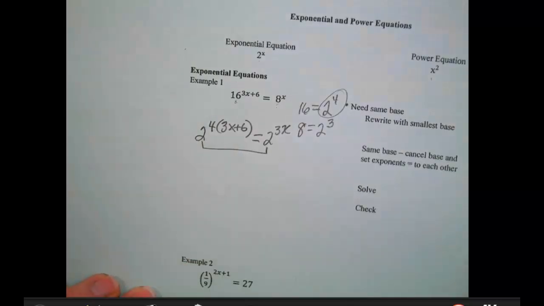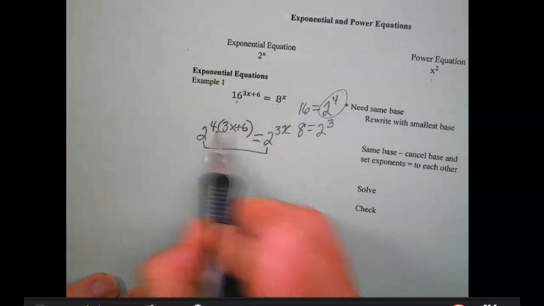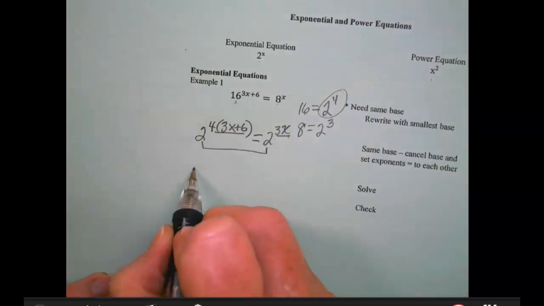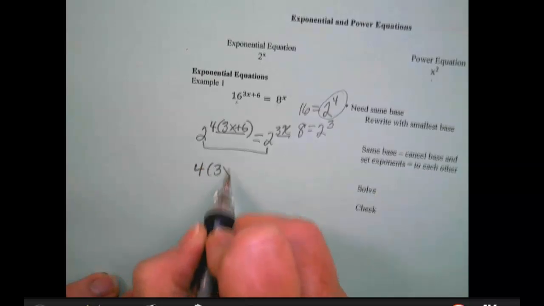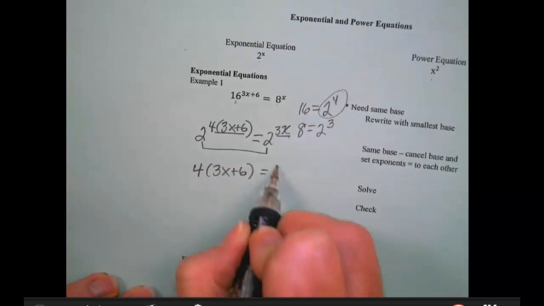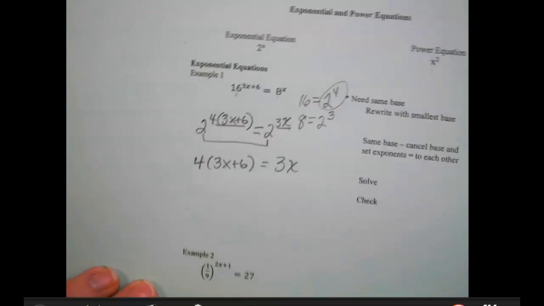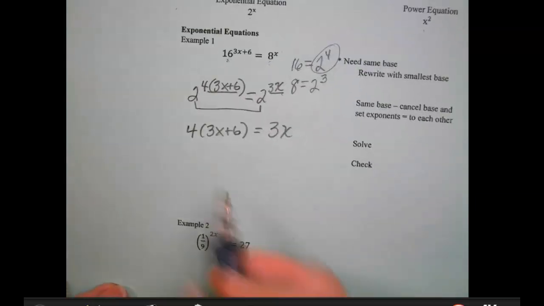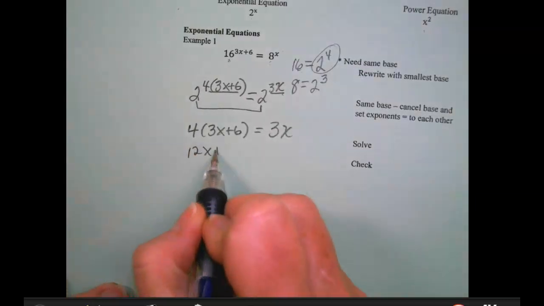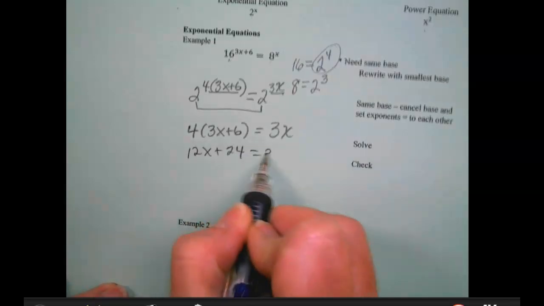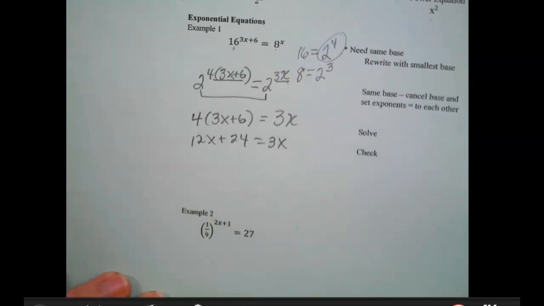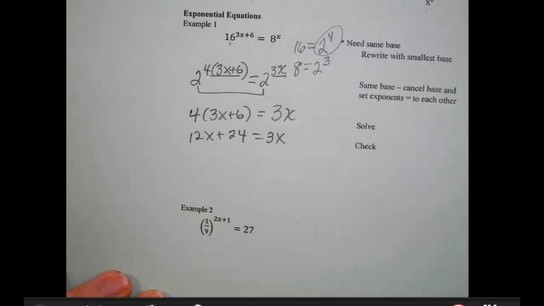When the bases match, we can just set the exponents equal to each other and solve. So I'm going to distribute. And once I distribute to solve, I have to put the variables on one side and the number on the other.